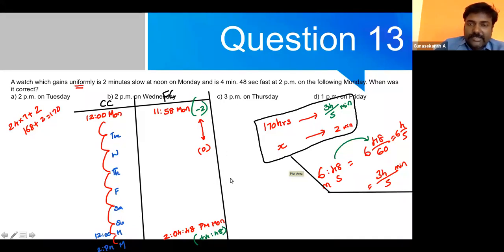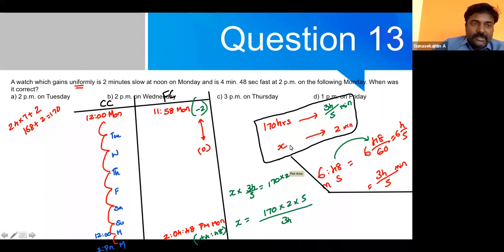So what is x? X into 34 by 5 is equal to 170 into 2. X is equal to 170 into 2 into 5 by 34. Both are in minutes, so no need to convert.